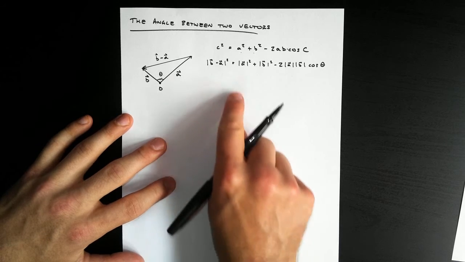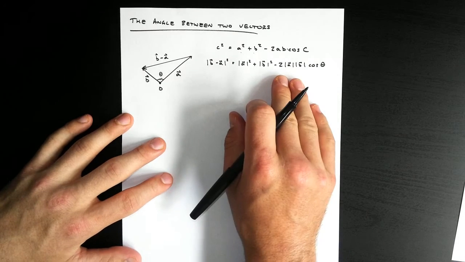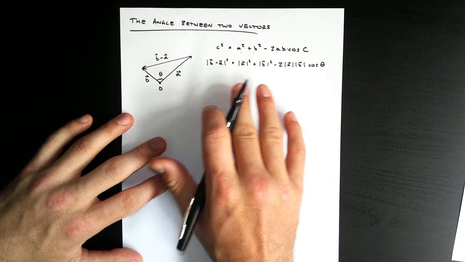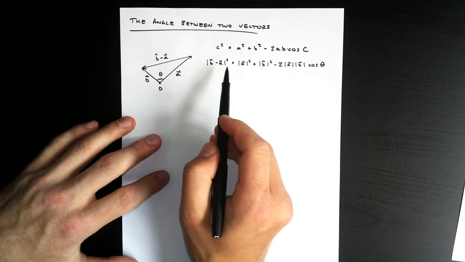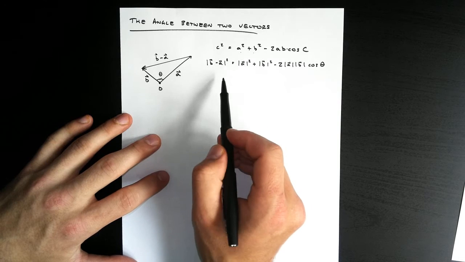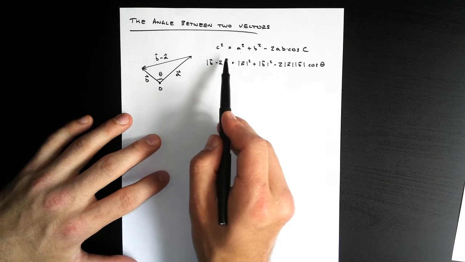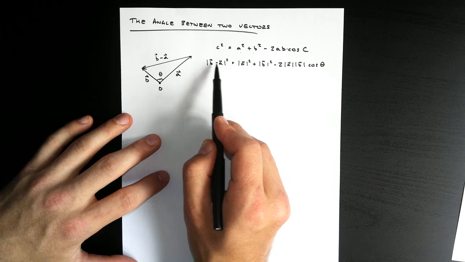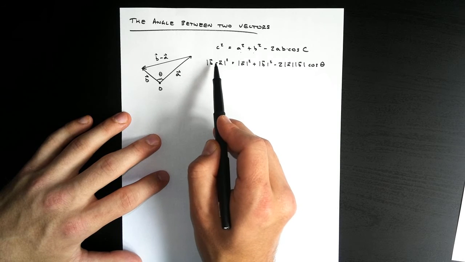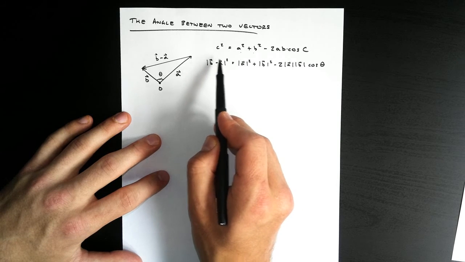Okay, so now we can work with this a little bit. We can do a little bit of substitution here. One thing we saw in the notes is the magnitude squared of a vector. This subtraction is still just one vector. I can do this with the dot product as well.